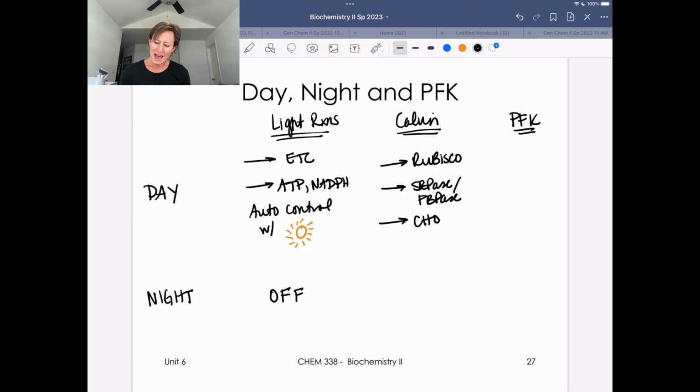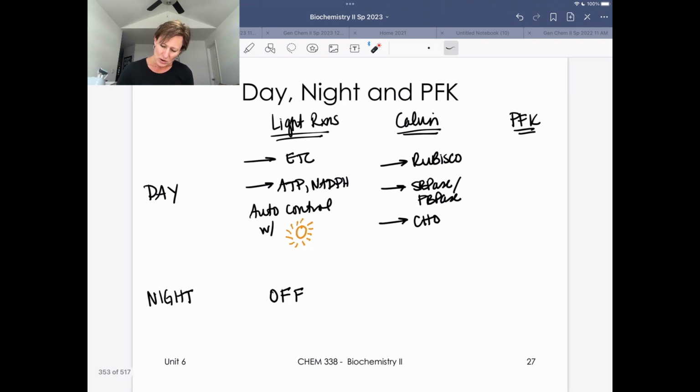And we've talked about how we can manage all of that. We are going to have the pH as a way to control Rubisco, magnesium concentration as a way to control Rubisco, and the fact that that transition state analog has not been synthesized will control Rubisco.